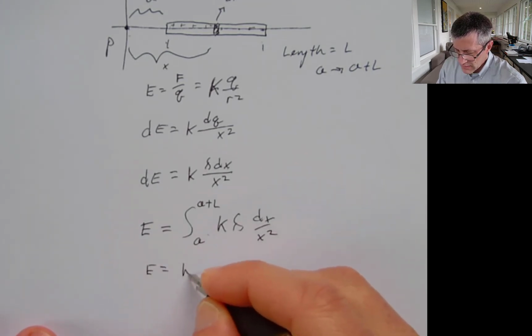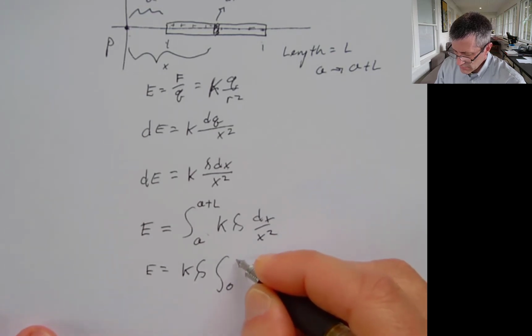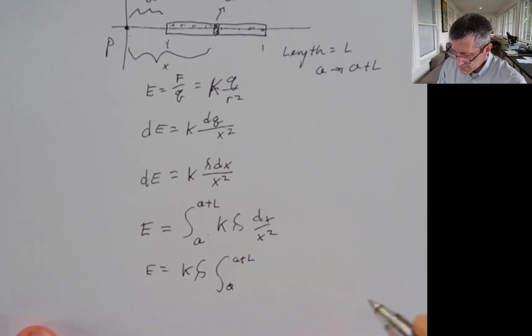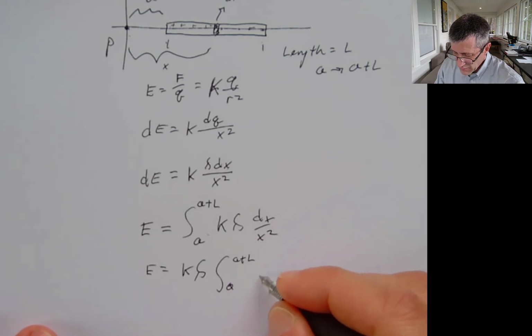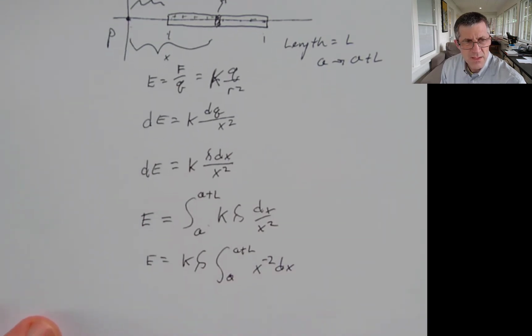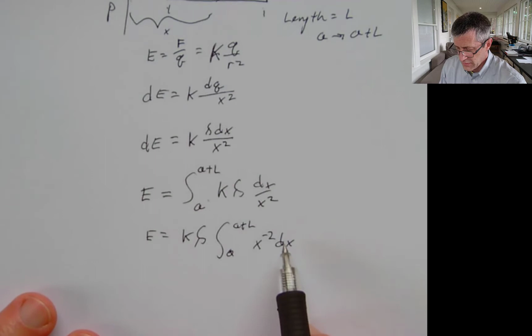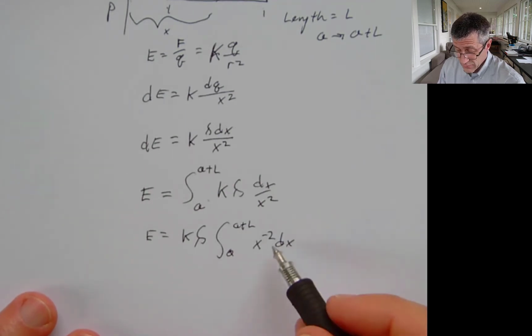So E is going to be k lambda times the integral from A to A plus L of what? Well, instead of 1 over x squared, I'm going to write this as x to the minus 2 dx. So I want to integrate something to a power, so what do I do? This is a reverse power rule, right?